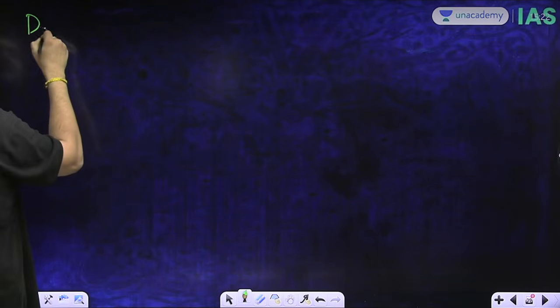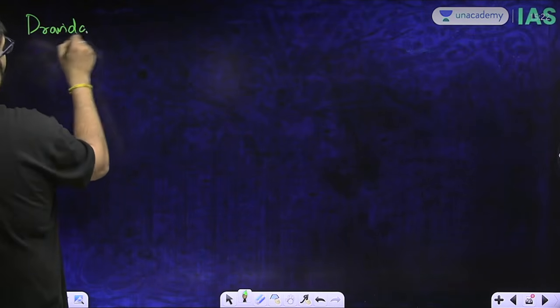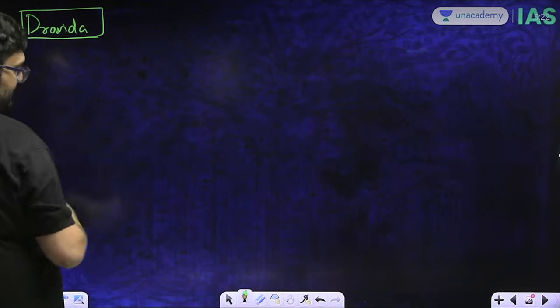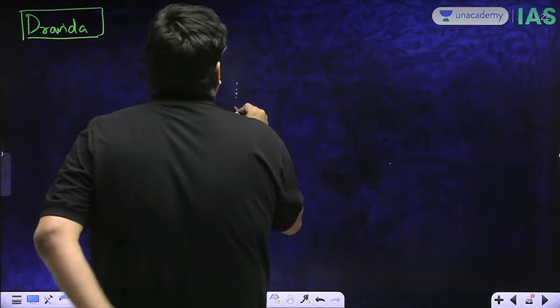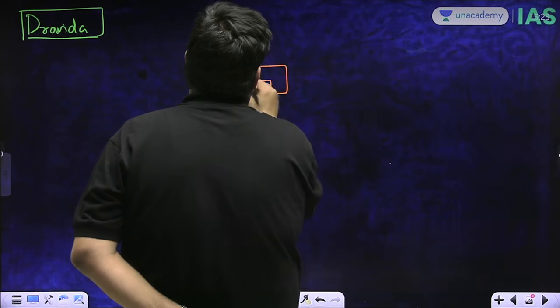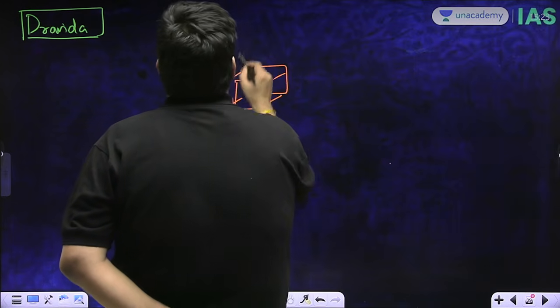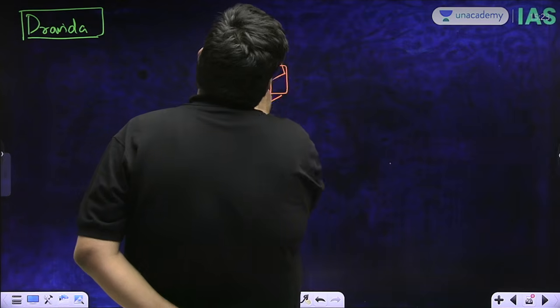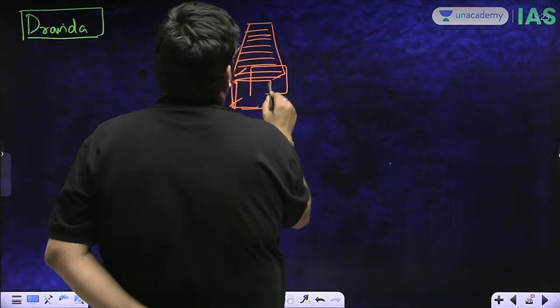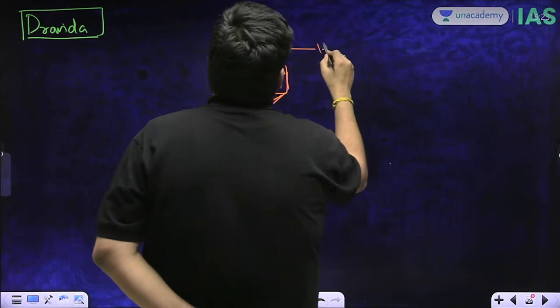Now, what is Dravida architecture and what are the features of Dravida architecture? Equally important. Now, when we talk about Dravida architecture, obviously Garbhagriha is there. That does not change. The word Shikhar is now replaced by the word Vimana.